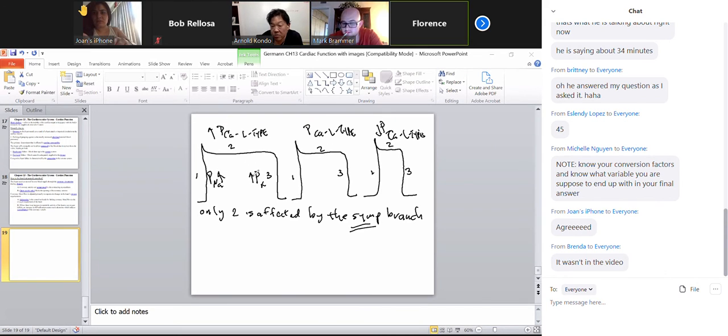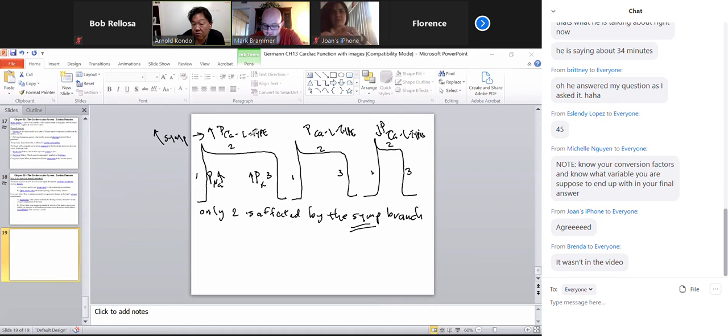Does this one represent an increase in sympathetic input or a decrease? Increase. Yeah, so an increase in sympathetic input will cause an increase in calcium influx, leading to a stronger contraction, and a decrease in sympathetic input will cause a decrease in calcium permeability, leading to a weaker contractility.